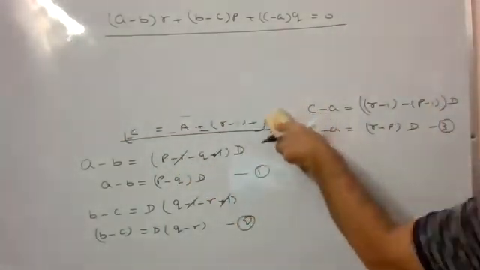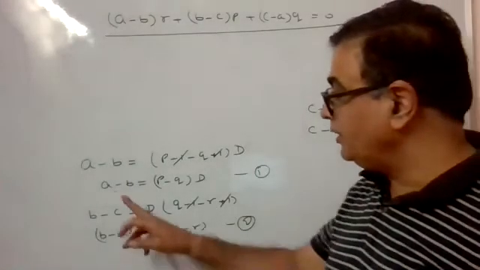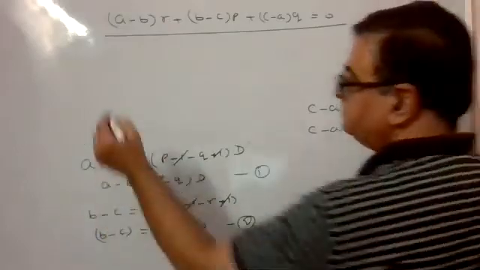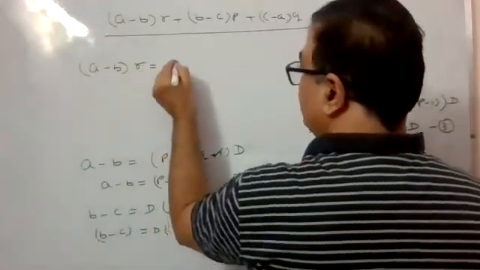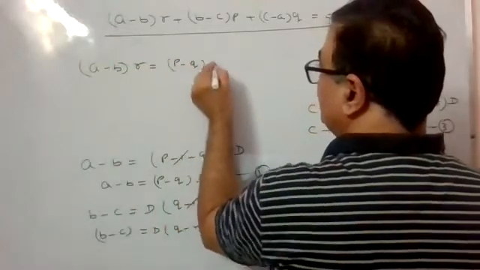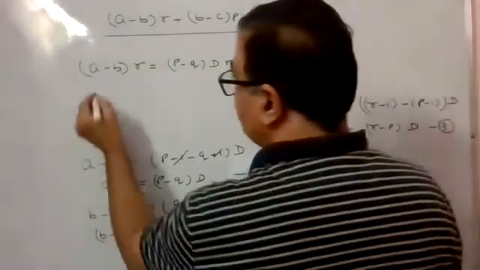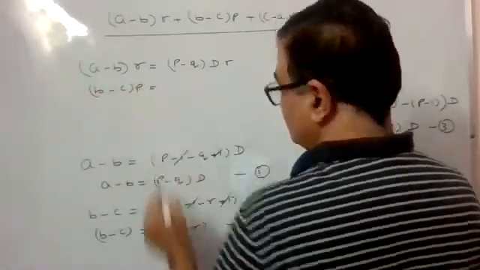After getting these three conditions, now what do you want? You want a minus b to be multiplied with r. So we do that. (a minus b) into r will be (p minus q) into d into r. Second one, b minus c, that will be multiplied with p.